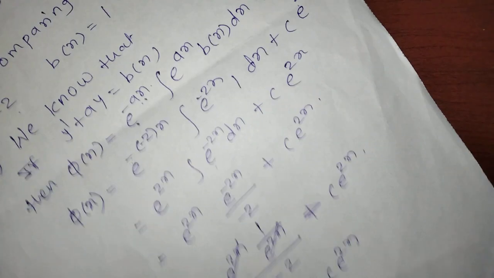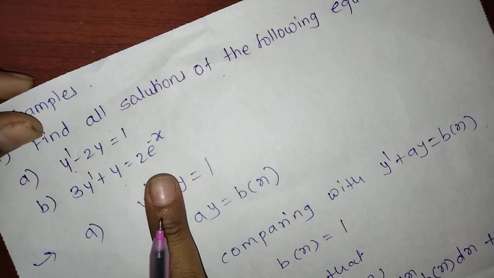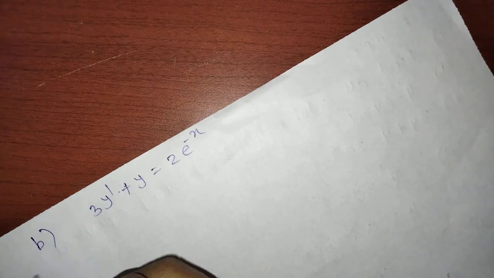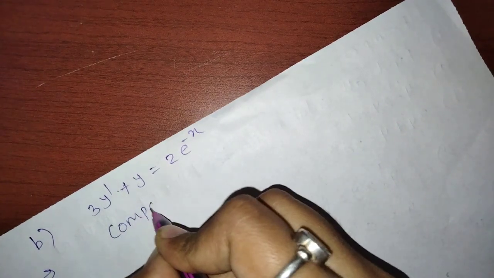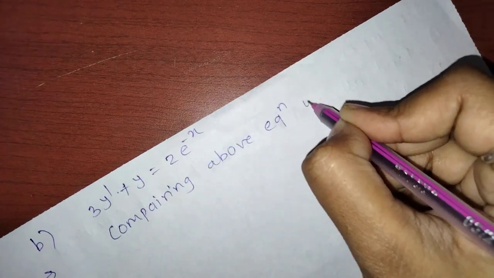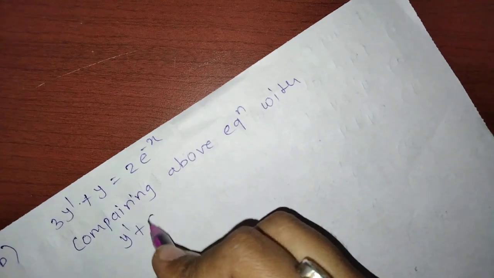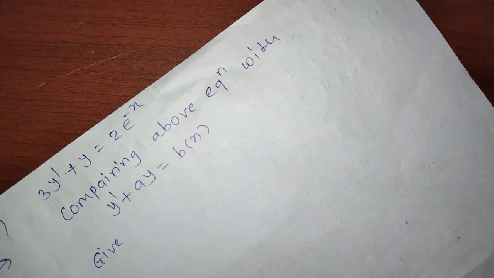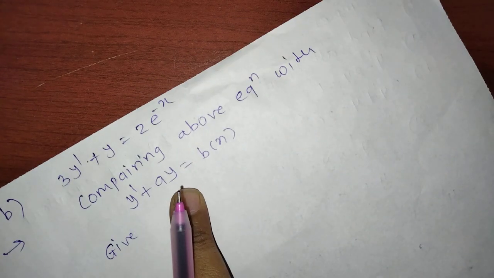Now, second example: 3y dash plus y is equal to 2 into e raised to minus x. Now comparing the above equation with y dash plus ay is equal to b of x, the given equation is not in the form of y dash plus ay is equal to b of x.